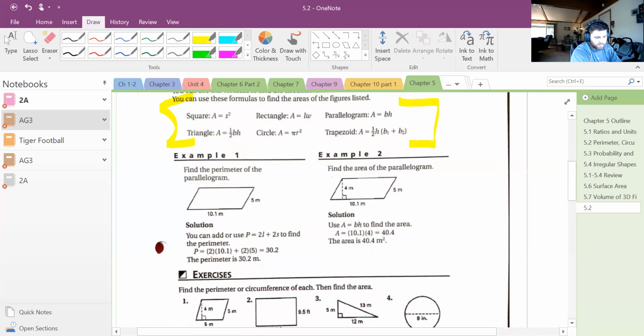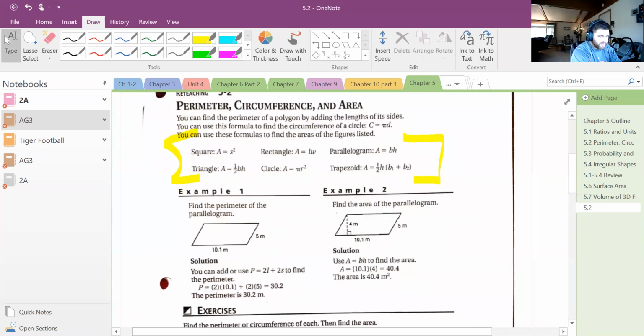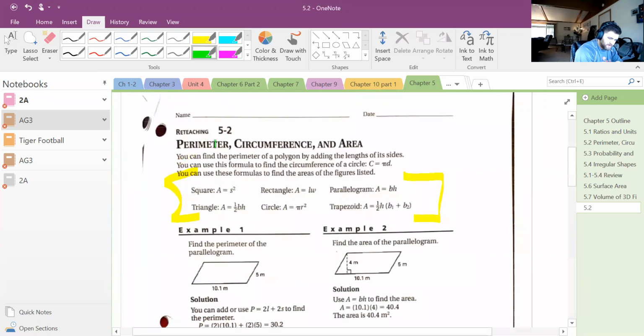What's the difference between perimeter, circumference, and area? Well, here's a hint. Perimeter and circumference are the exact same thing. Just perimeter is on shapes with edges and circumference is on circles. It's the length around the outer rim of the shape, the outside, however you want to think about it.